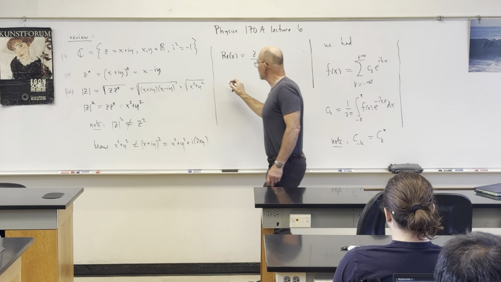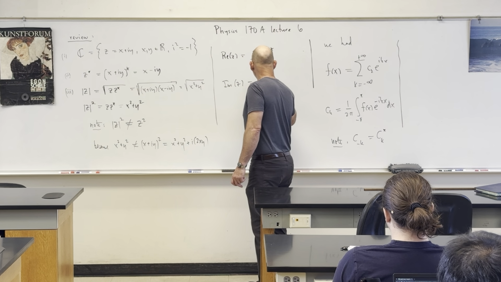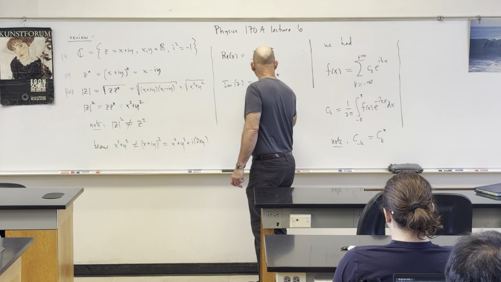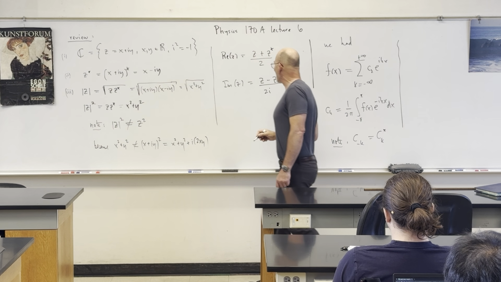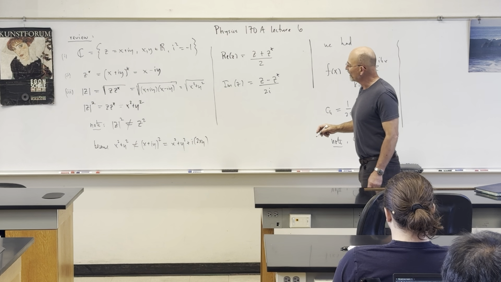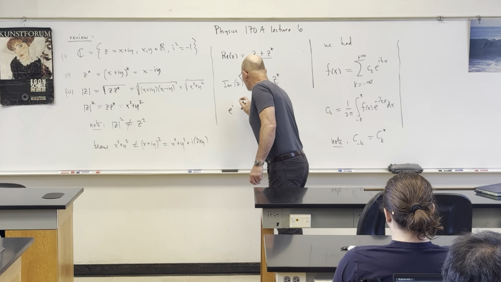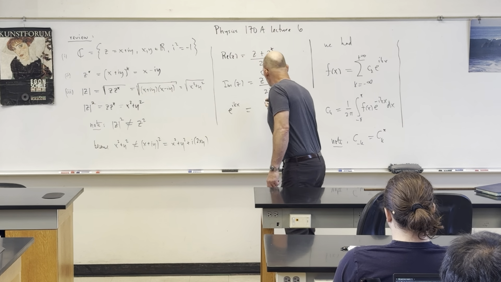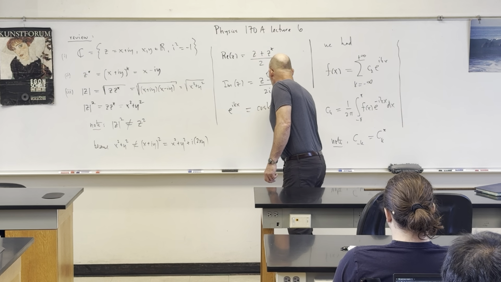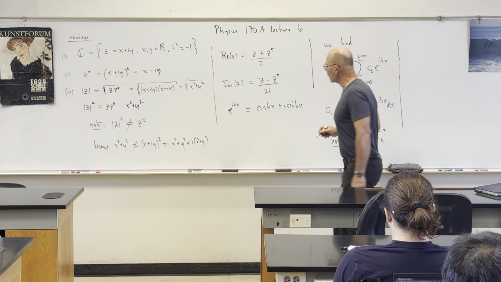And the imaginary part of z, just by definition, is z minus z complex conjugate divided by 2i. So for example, e to the i kx equals cos kx plus i sine kx, so we have Euler's formula here.